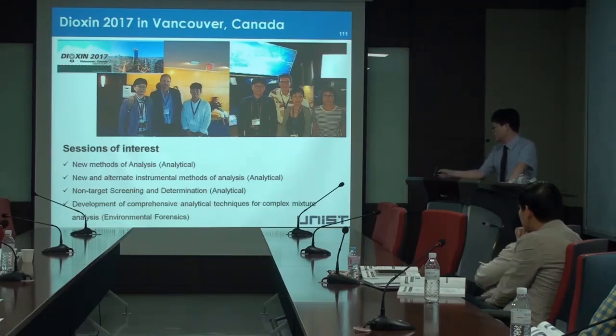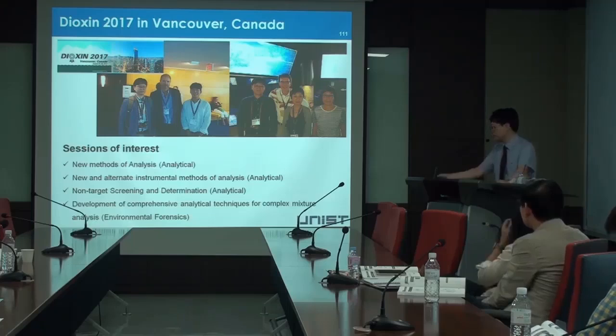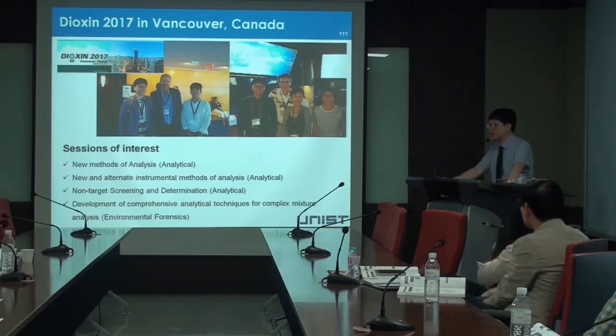So this is also called environmental forensics. Forensic means criminal investigation. We generally use this term forensic, and recently we also say environmental forensics. Environmental forensics was well known for identification of oil spills.